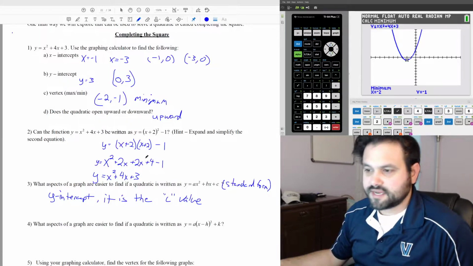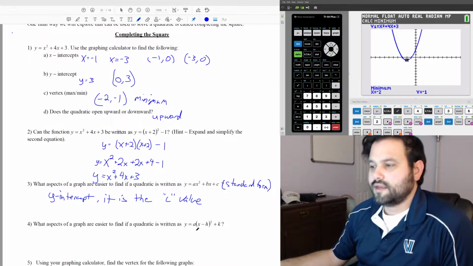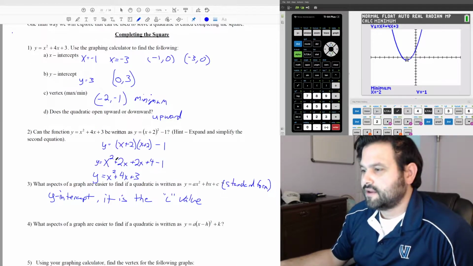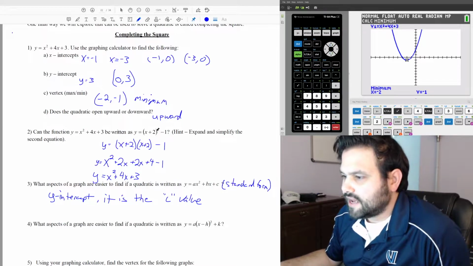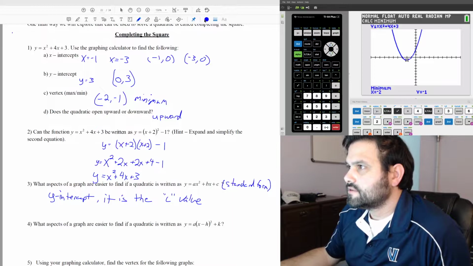So what aspects of a graph are easier to find if the quadratic is written in this new form? Y equals a times x minus h squared plus k. All right, well, let's compare these. So if I'm looking at this form, let me change this.